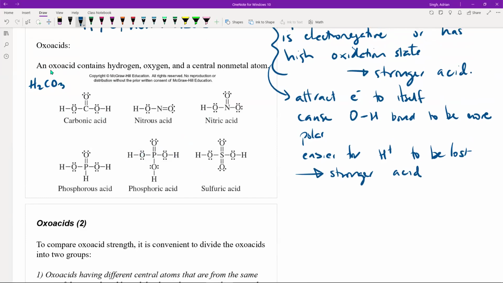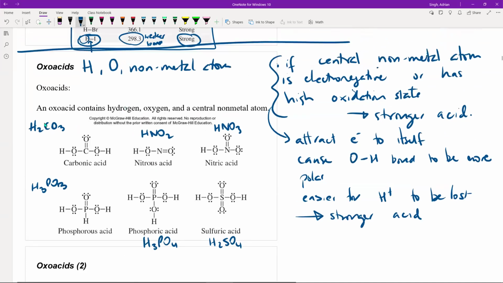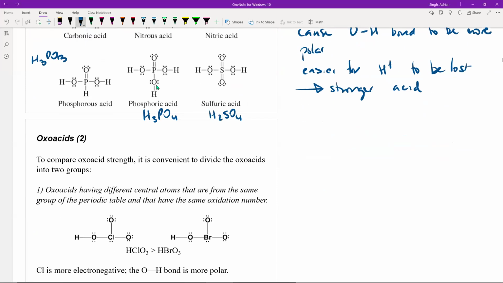We have phosphoric acid over here, H3PO4, sulfuric acid, H2SO4, nitric acid, HNO3, and then the less common ones, things like nitrous acid, which would be HNO2, we have phosphorous acid, which would be H3PO3. All of these fit the criteria for oxoacids, right? They have hydrogens, they have oxygens in them, and then a central nonmetal atom, carbon, nitrogen, or phosphorus, or sulfur as well, the ones in the bottom.